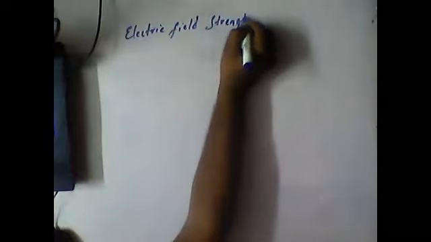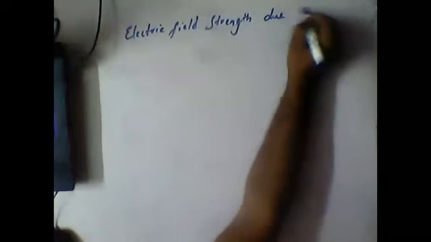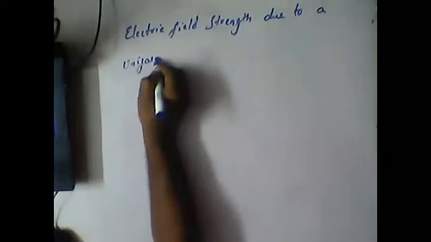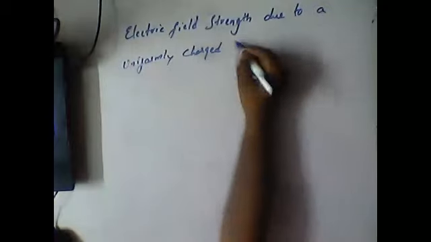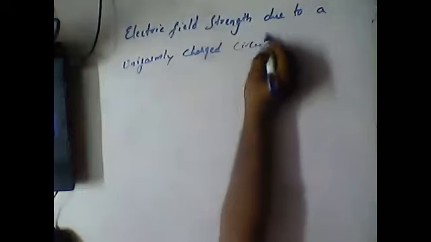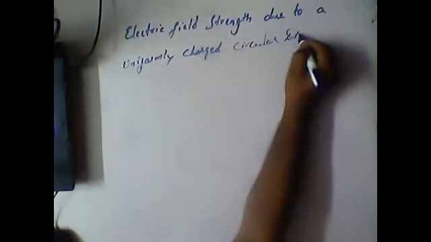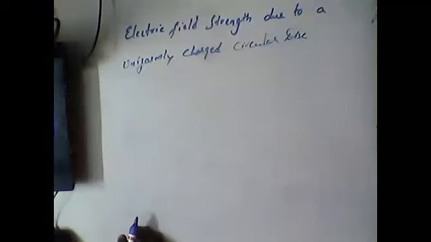In today's class, it is the electric field strength due to a uniformly charged circular disk. So this is the topic today, guys.